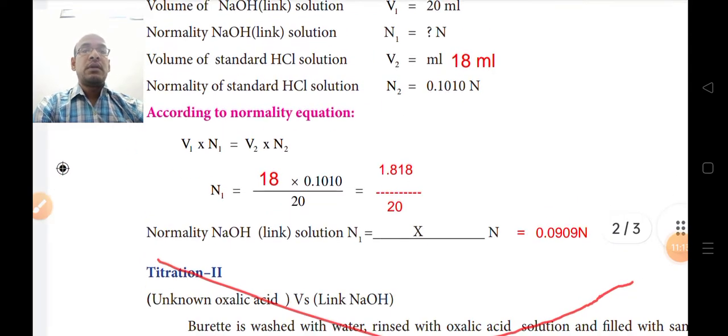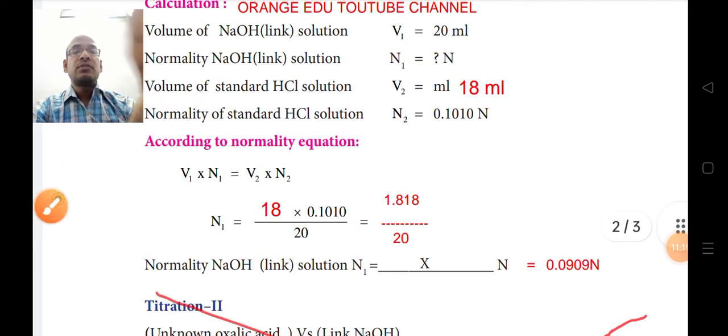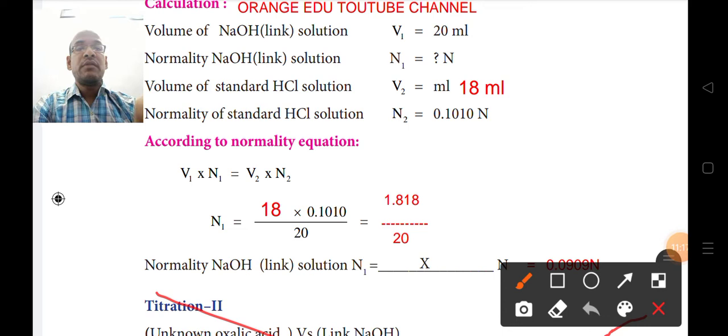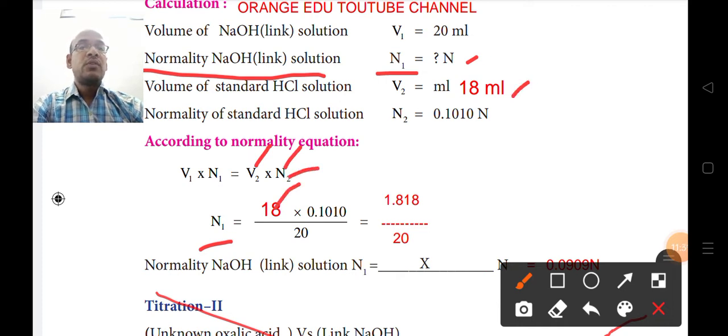Now substitute these values. First, we need to calculate the normality of NaOH, N1. Substitute the V2 and N2 values. V2 value is 18, N2 value is 0.1010 N. Multiply these two, we get this value, and divide by the V1 value, 20 ml.